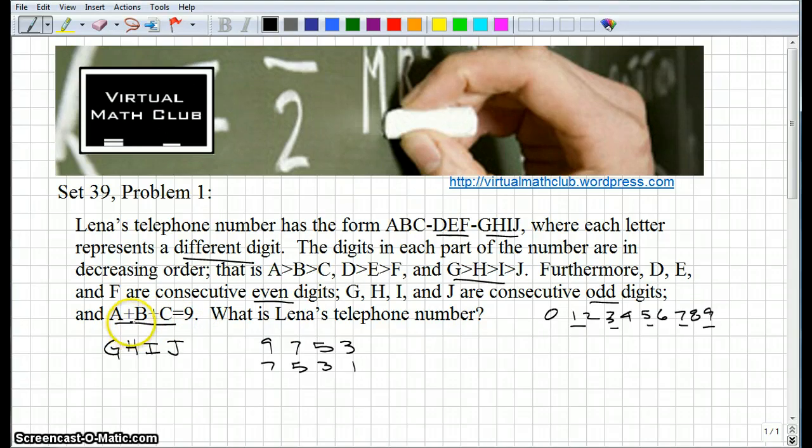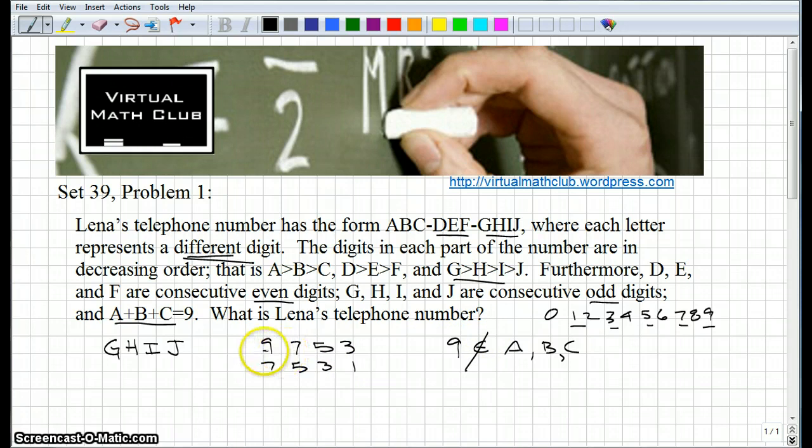Because if you had one of these digits as 9, then the other 2 would have to be 0, and we can't have 2 digits that are the same because we're told that they're all different digits. So that tells us that 9 is not an element of A, B, C. I don't know if that's quite the right notation, but it's not an element.